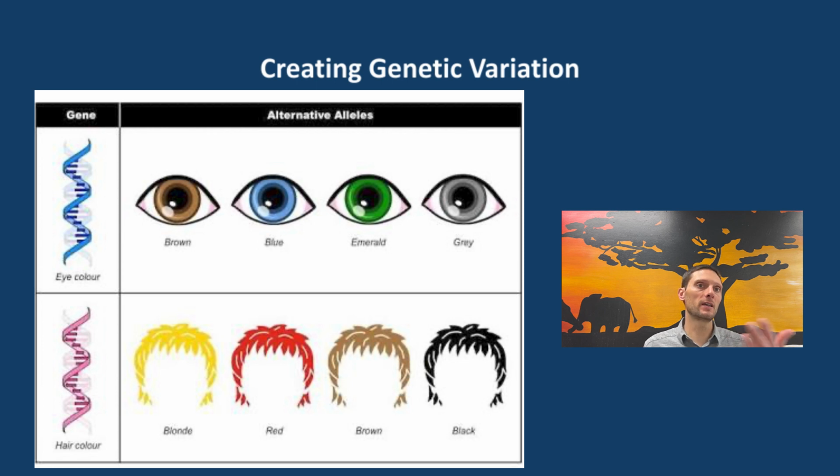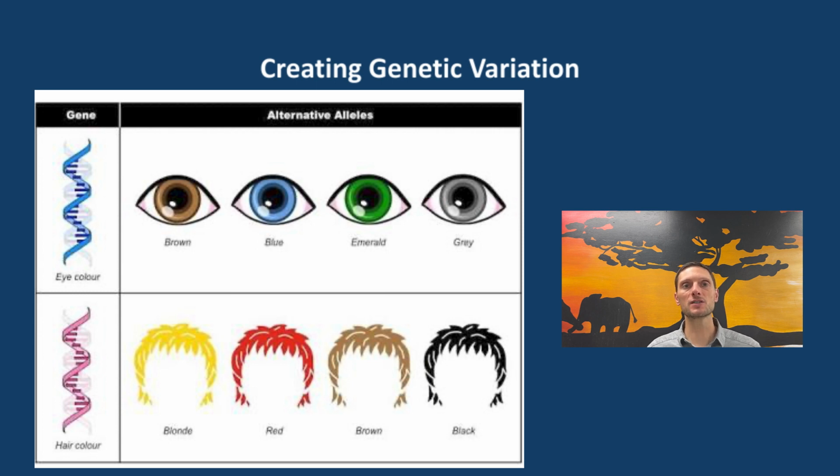And so in the pictures here, we can see as an example, different alleles are responsible for producing different visible characteristics that we see in humans. Hair color would be a good example, eye color, skin color. All of these traits within humans are produced from multiple genes. They're called polygenic traits, but still each of the differences that we see in terms of hair color are caused by different alleles.